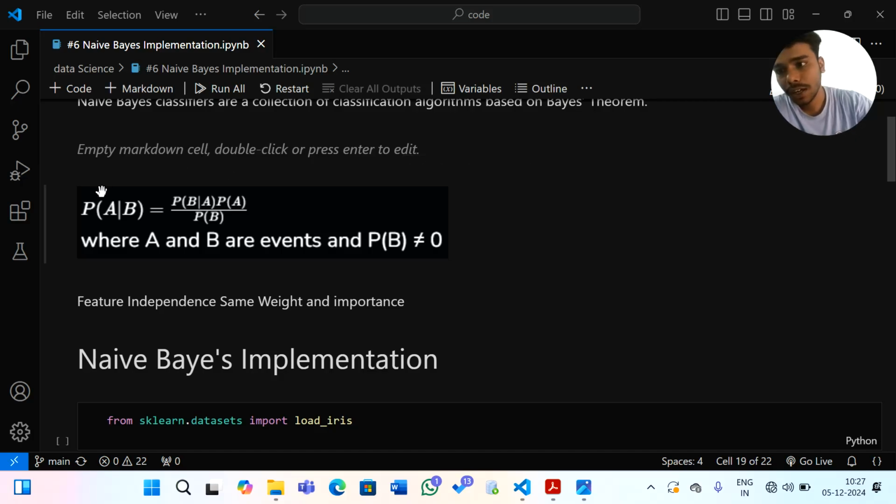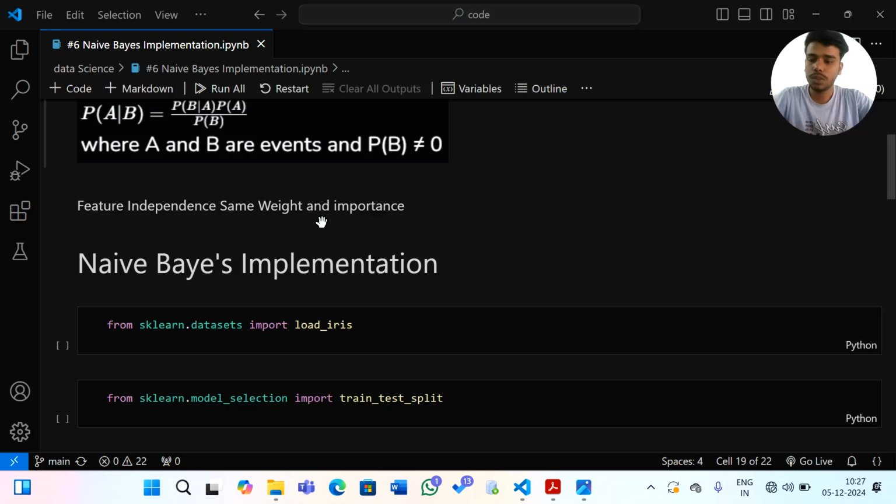Here A will be yes and B will be hot; it will first calculate its probability, then consider yes, then calculate for B as humidity. It calculates for all features, and the class with the higher probability is the predicted output. It will also do the same process for no. It is more calculation, but it is simpler than the other classifier models.